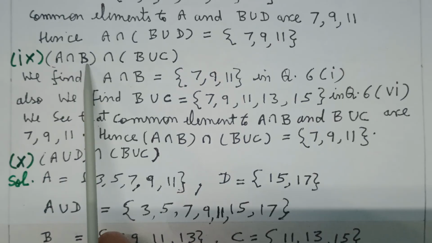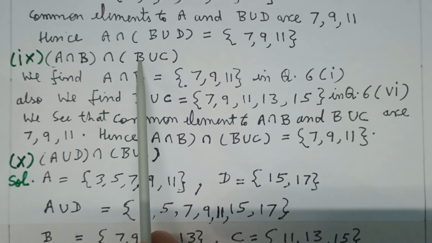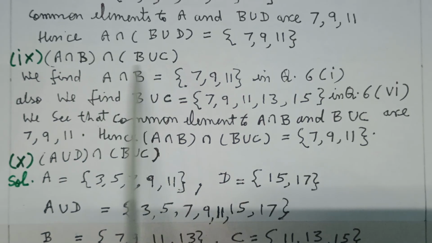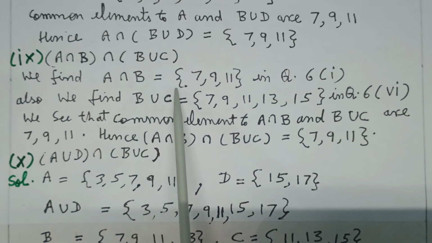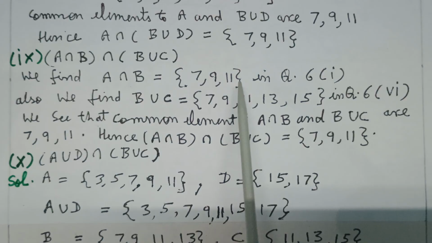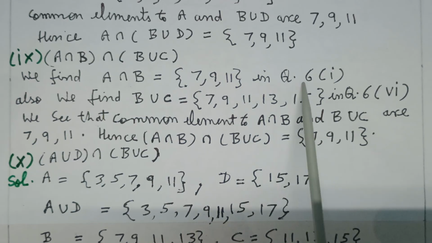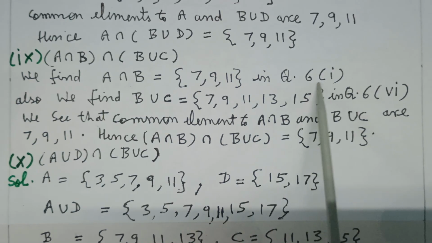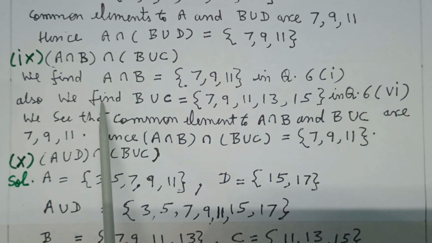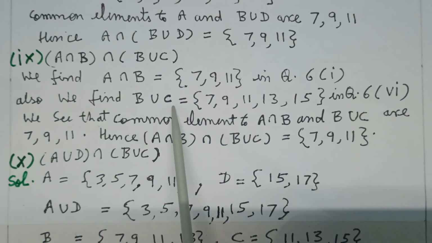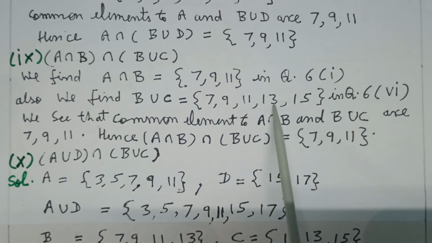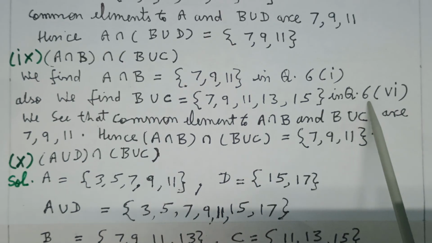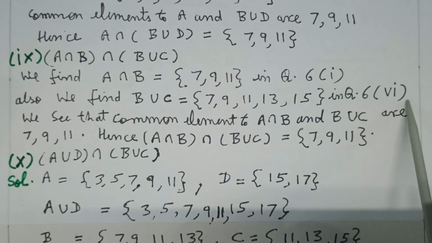A intersection B union C. We find A intersection B is equal to the set of elements 7, 9, 11 in question number 6, first part. And also we find B union C is equal to the set of elements 7, 9, 11, 13, 15 in question number 6, sixth part.